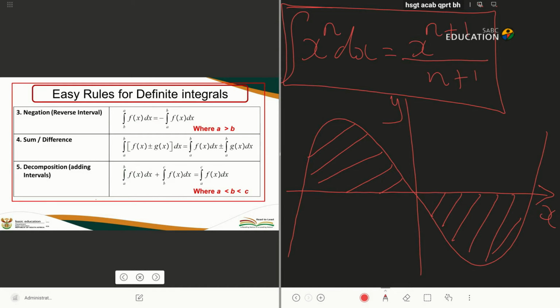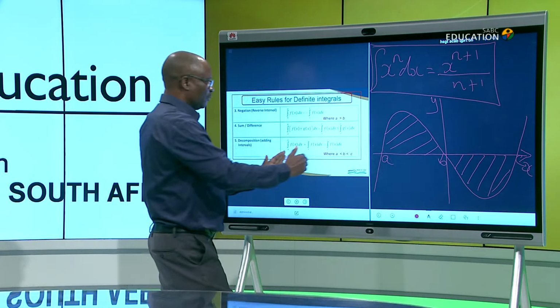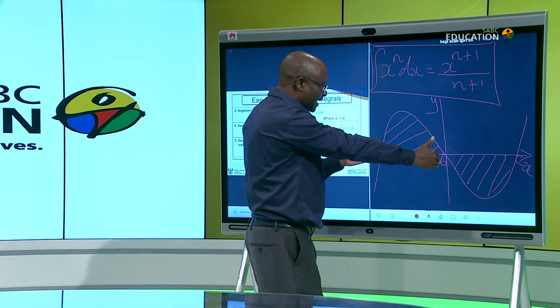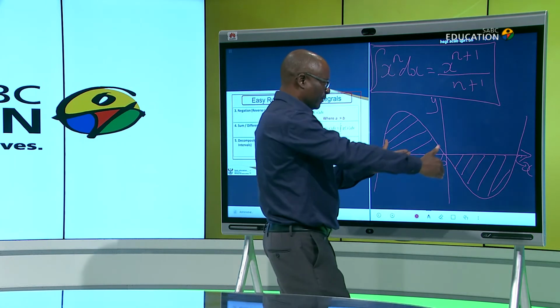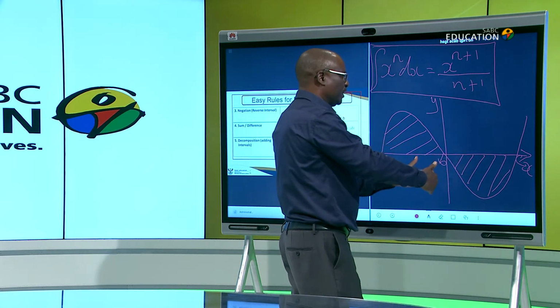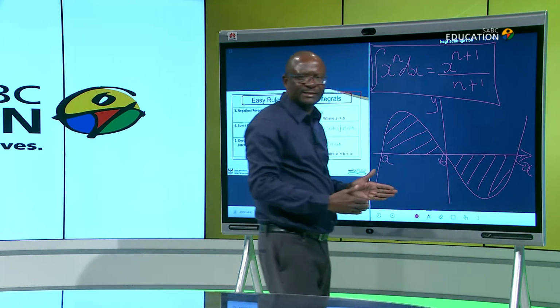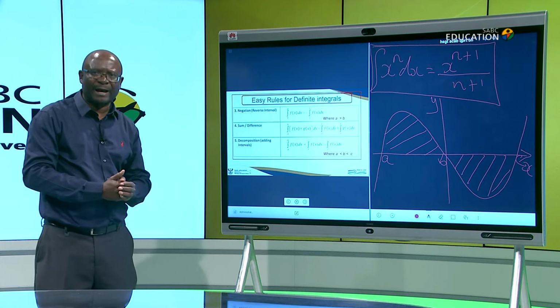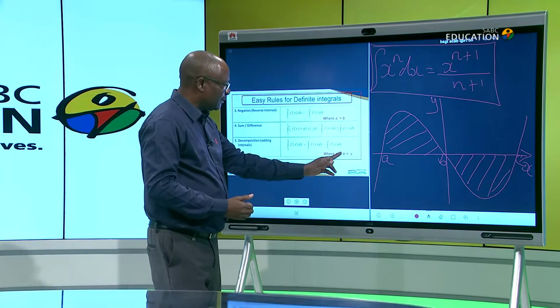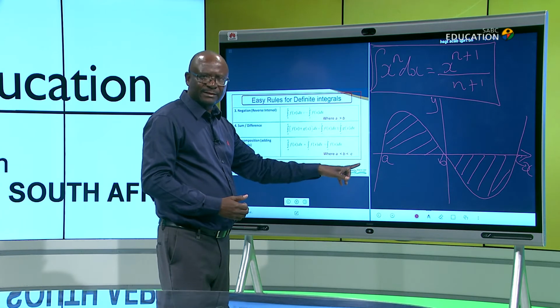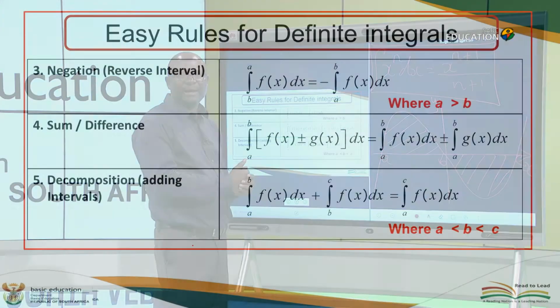Here we have the first point, which is your value of A, your value of B, and your value of C. We have 3 points here instead of 2 points. In that case, we can apply the decomposition. Firstly, we find the integral between point A and point B. Then from there, we find the integral, or the area, between point B and point C. That is where this rule applies, wherein your value of B must be less than C, but it must be greater than A.